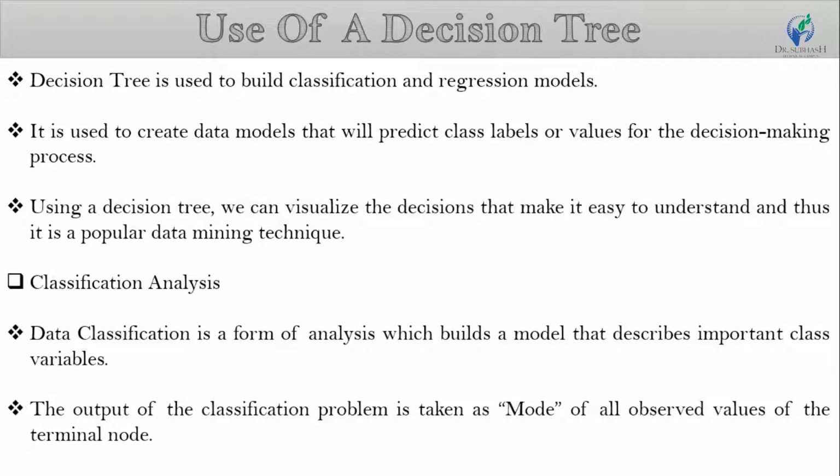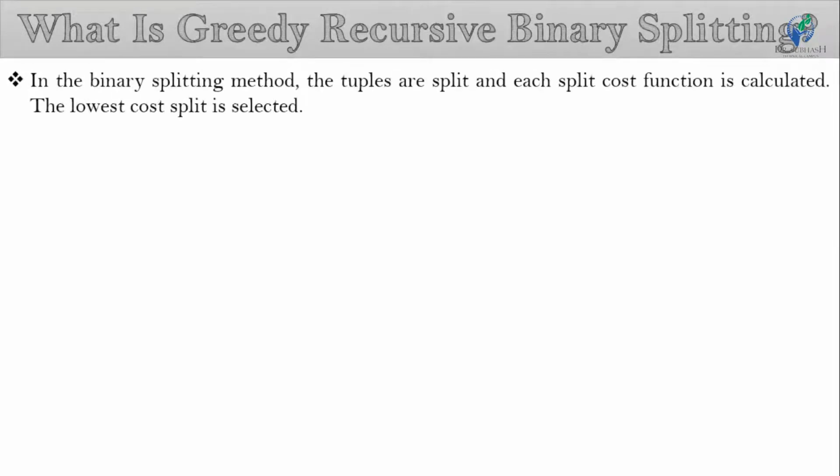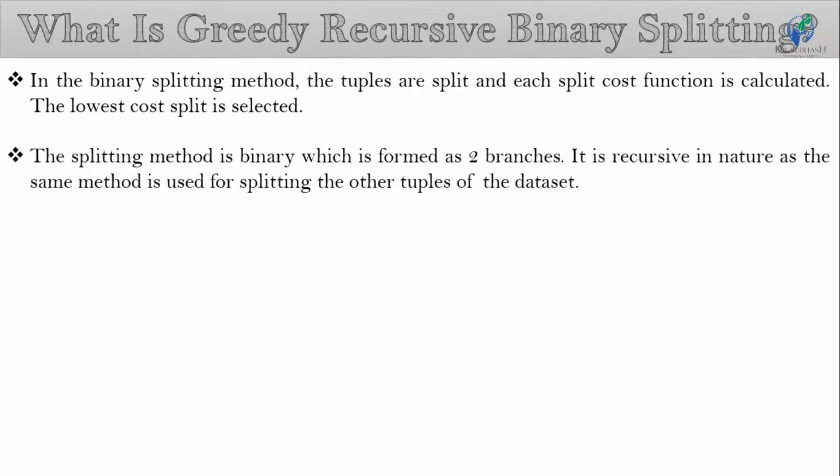So, based on that, I start our session on greedy recursive binary splitting. In the binary splitting method, the tuples are split and each split's cost function is calculated. The lowest cost is selected. The splitting method is binary, which is formed as two branches.